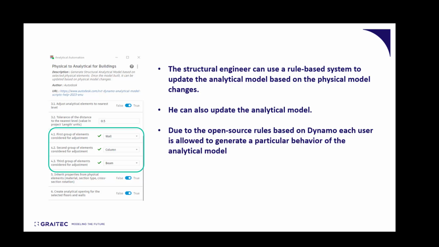We can also specify the tolerance and whether we want to incorporate the openings in the calculation, for example, of the floor or the wall. So that was an overview of the general concept of the analytical model in Revit 2023.